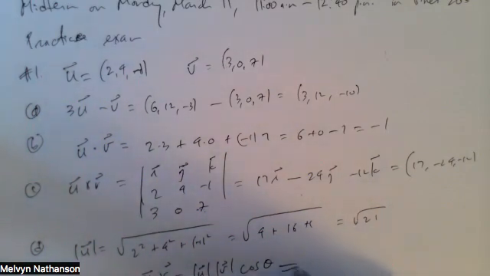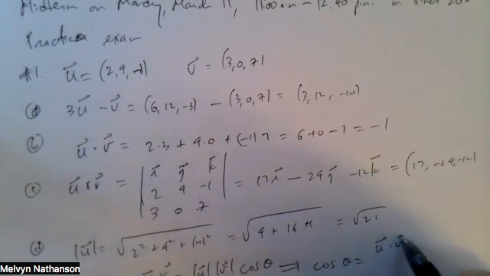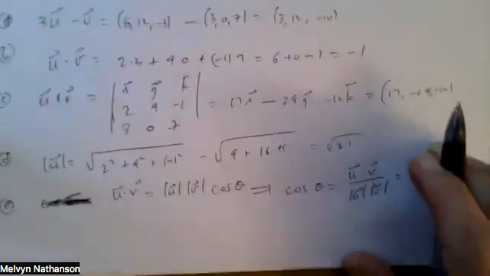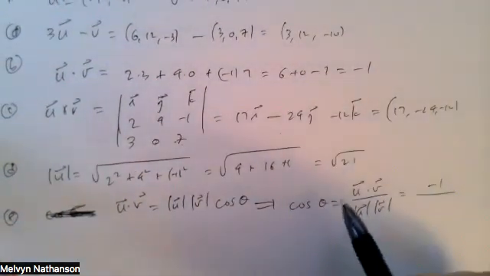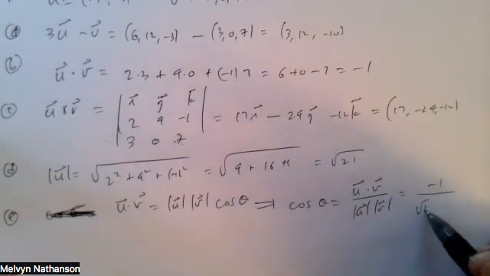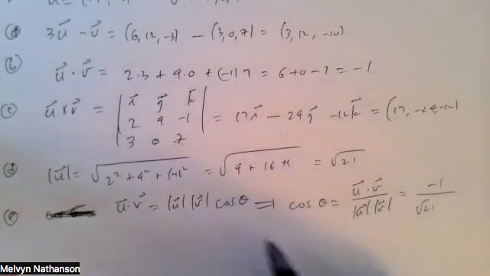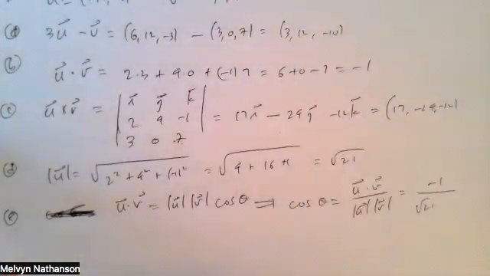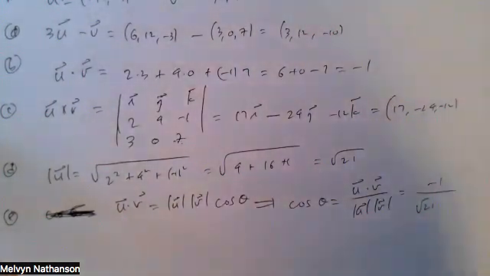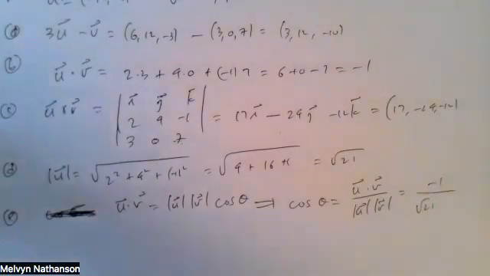So the cosine of theta is the dot product divided by the length of U, the length of V. The dot product, I just calculated, it's minus 1. The length of U is the square root of 21. The length of V, I have to calculate that. Just do it right over here.